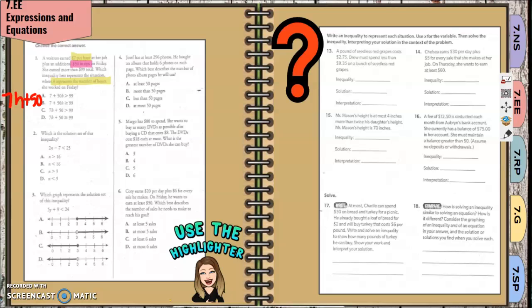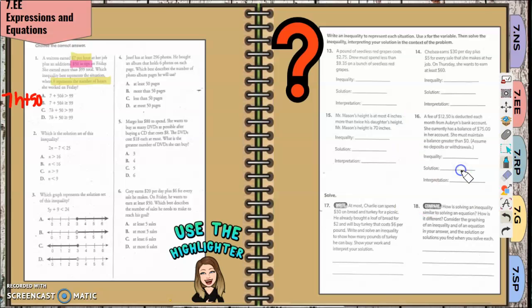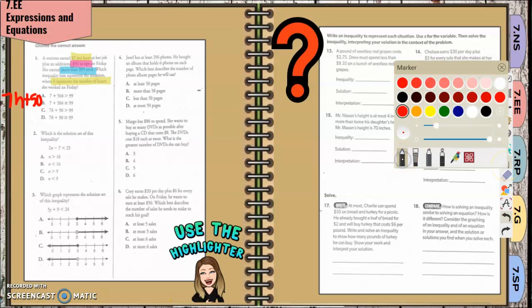She earned more than $99 total. So on the other side of the inequality sign, we're going to have this $99, but it's more than, which means our inequality sign is going to be the greater than symbol.